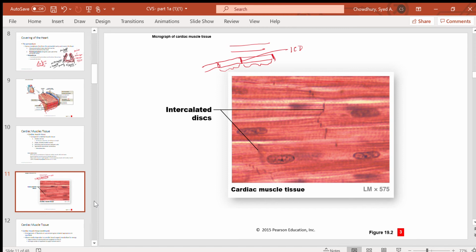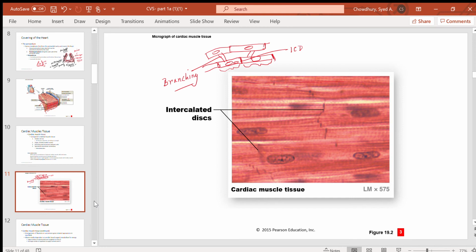This is one cylindrical fiber, this is another fiber, with the intercalated discs between them, and this is another fiber. They are side by side, and sometimes you'll see they are connected by branches like this. So branching is present in the cardiac muscle tissue if you see under the microscope, and usually we see one nucleus in each fiber. However, sometimes there could be two, but not more than two.